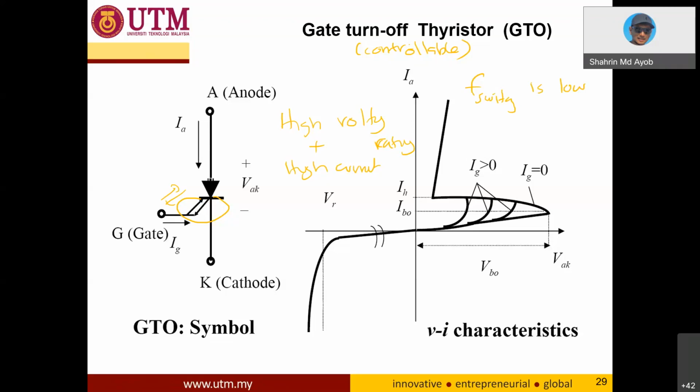So there is a trade-off. When the switching is very high, usually the power rating is very low, for example the MOSFET. Switching is very high, but it is not capable of handling high voltage and high current. For the GTO, you can handle high voltage and high current, but usually the switching is very, very slow.